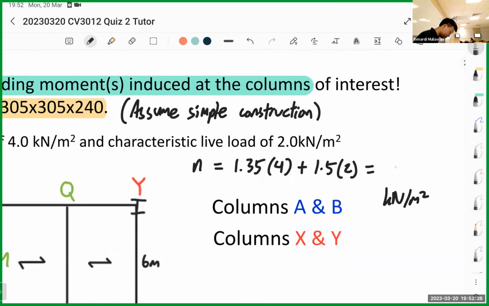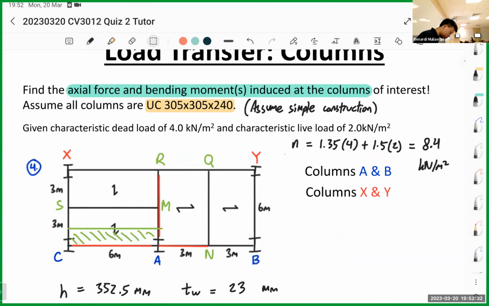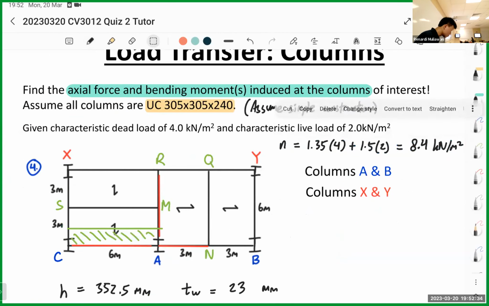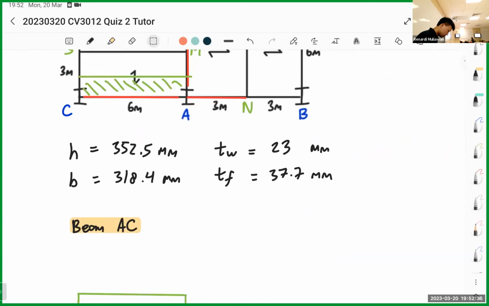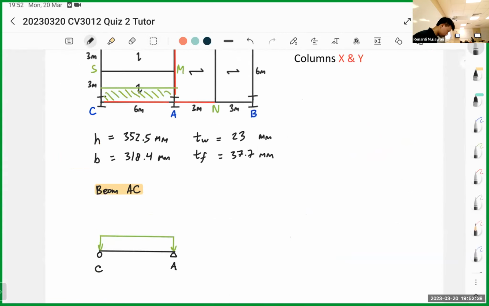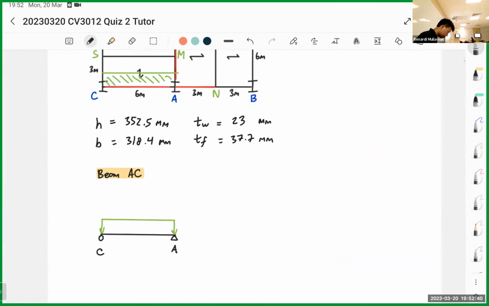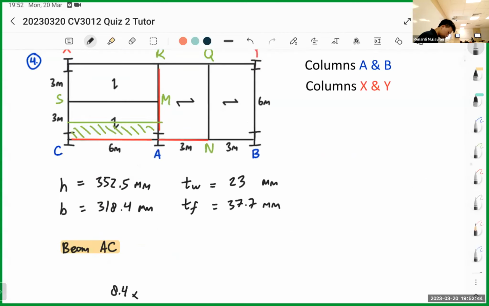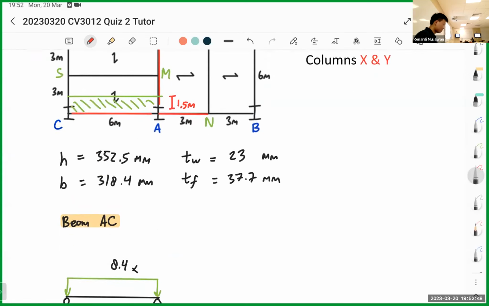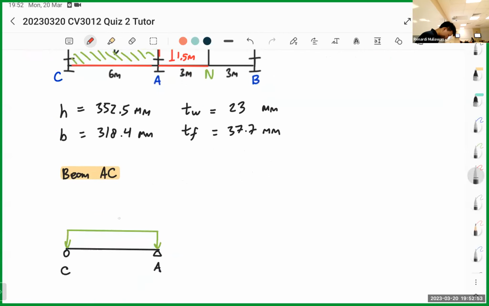It's 8.4. Okay, so we have the loading now. So beam AC will get a UDL of 8.4 multiplied by 1.5, which is this one. The whole 1.5 will go to the beam. So 8.4 times 1.5, that's the UDL.